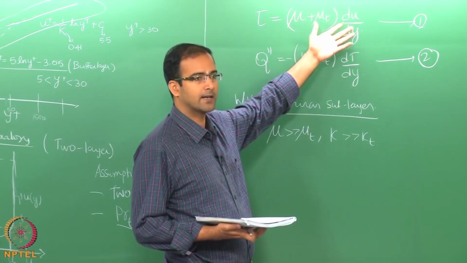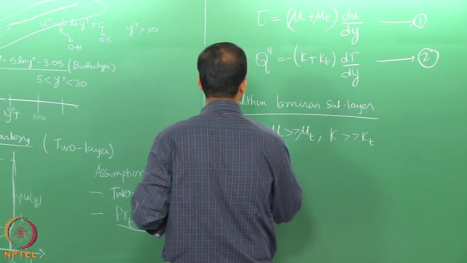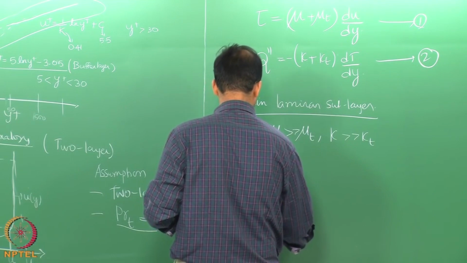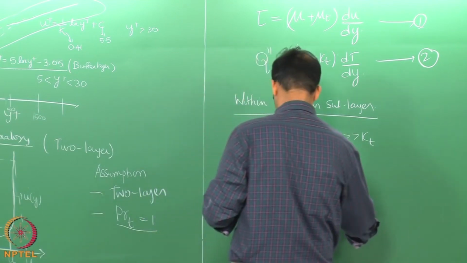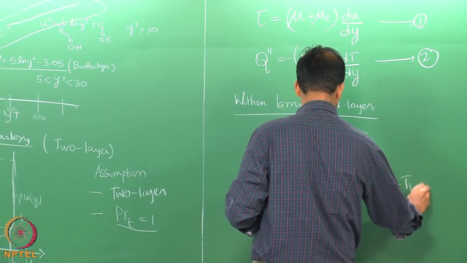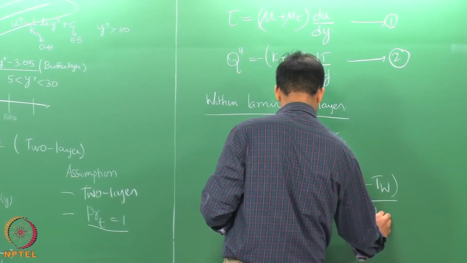So, delta L gets cancelled. Essentially we will have q wall divided by tau wall equal to minus k by mu into TL minus T wall by UL.